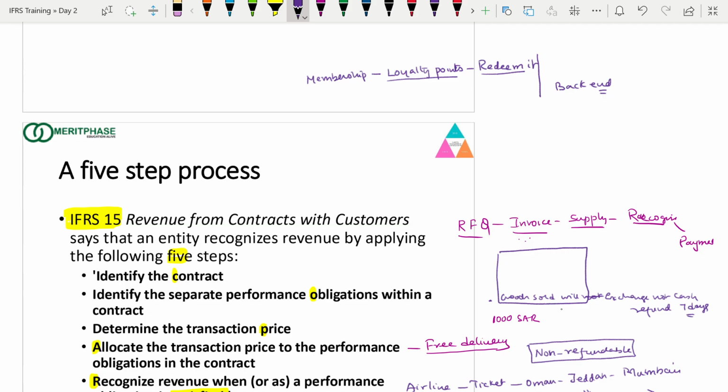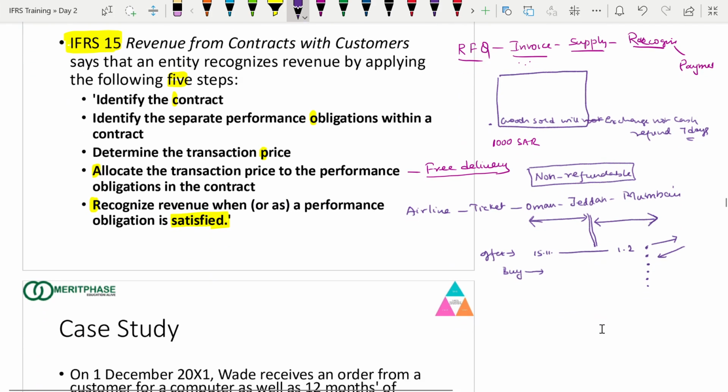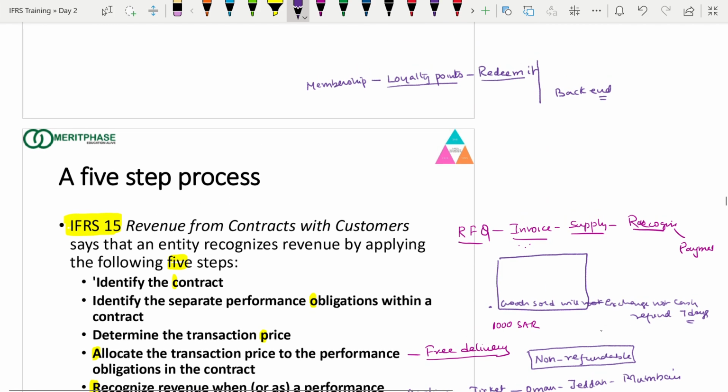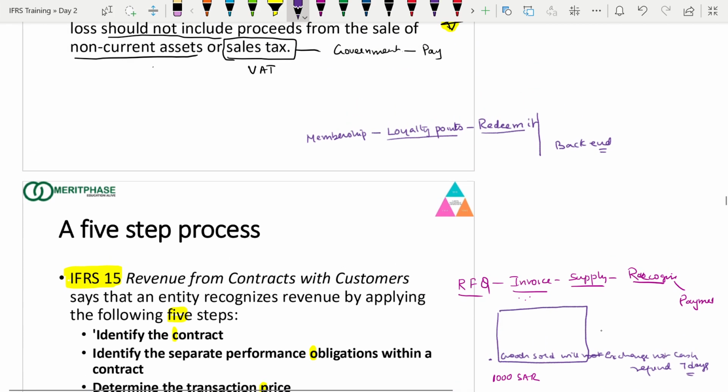As you said, the air ticket, as I said, within 7 days. Another example, as I said, is redeemable loyalty points. All are directly related to sale and all are going to contribute to the revenue.